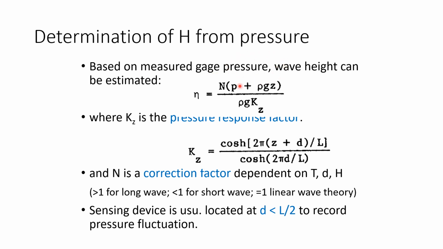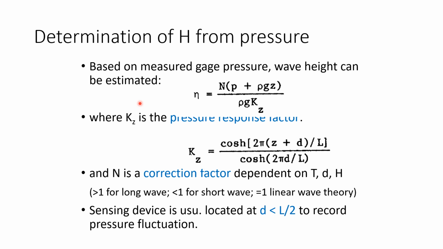That is to say, we can install a wave gauge in the water column to measure the pressure fluctuation P, and if we know the location, the z of the pressure gauge, then we are able to calculate the pressure terms in order to derive the wave height that causes the pressure that we observe.